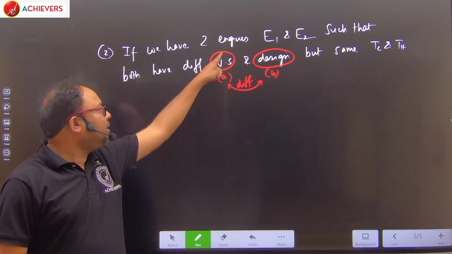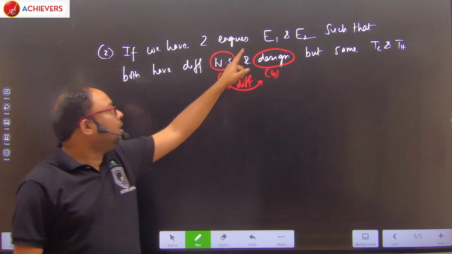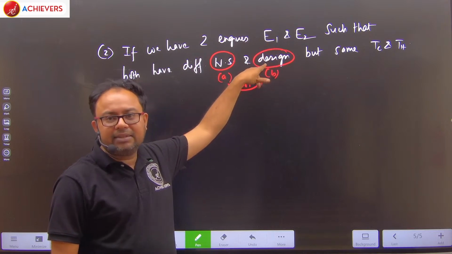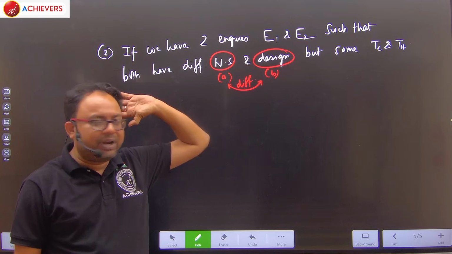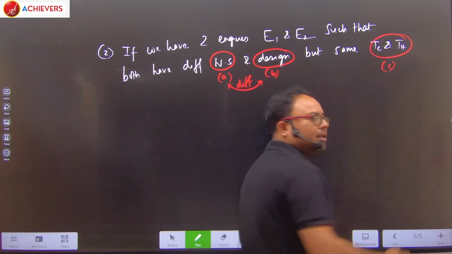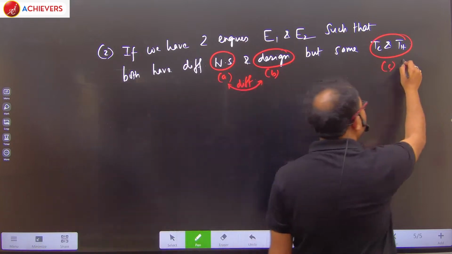For E1, the working substance is different from that of E2. And for E1, the design is different from that of E2. So A and B are different, but TC and TH, the parameter C, is same.